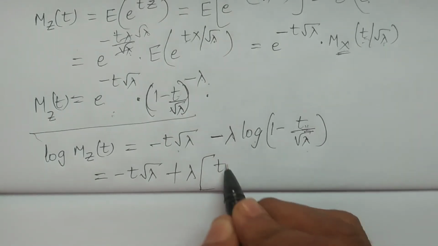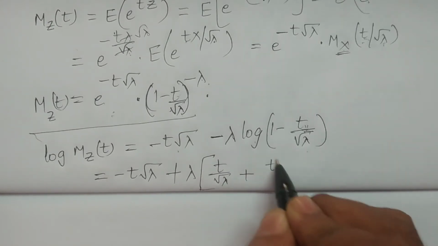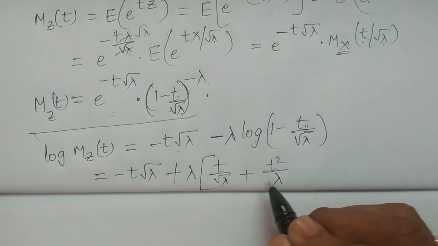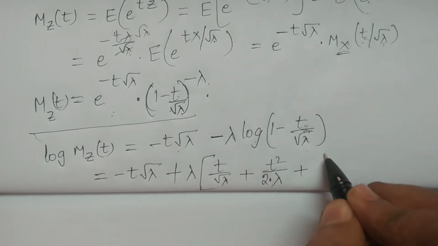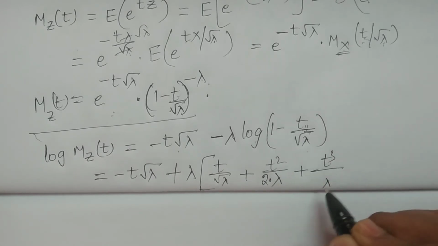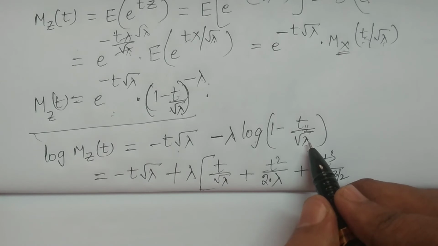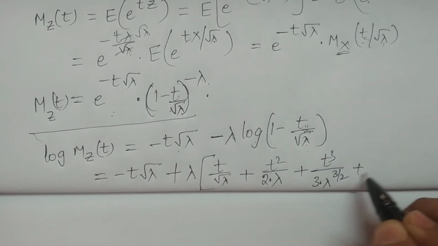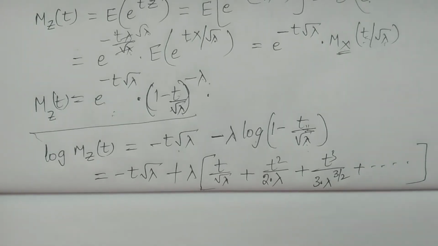Therefore we have t/root lambda + t^2/(2 lambda) + t^3/(3 lambda^(3/2)) and so on. I am writing 'and so on' because there are many more terms, like t^4, t^5, etc.